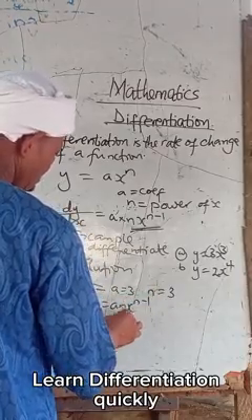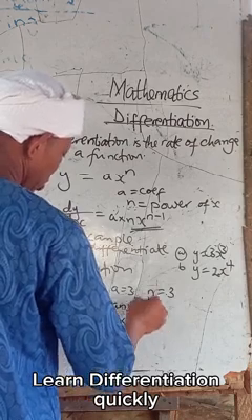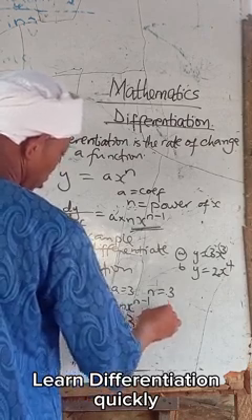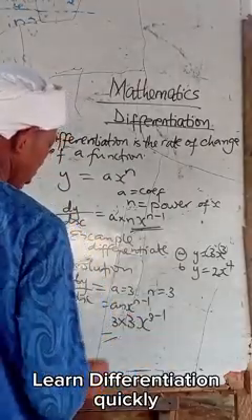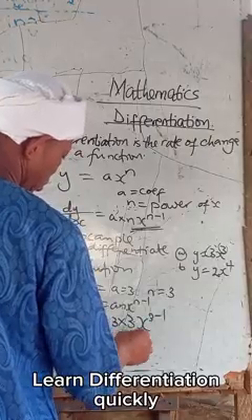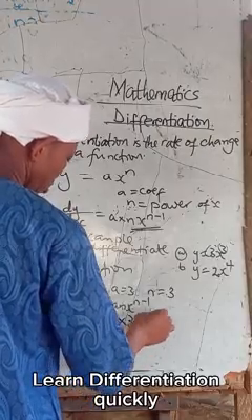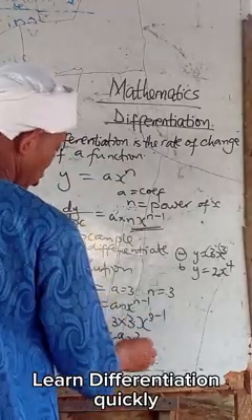That is 3 times 3 x raised to the power 3 minus 1. We have 3 times 3, that is 9x raised to the power what? 3 minus 1, that is 2. We have 9x squared.